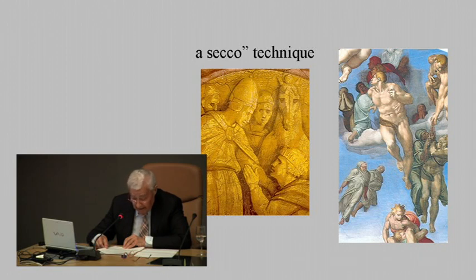The blacks are obtained from ashes of bones and vines. The blues are smalt or smaltino in the ceiling and the lapislazuli in the Last Judgment. For whites, Michelangelo almost always used San Giovanni white.